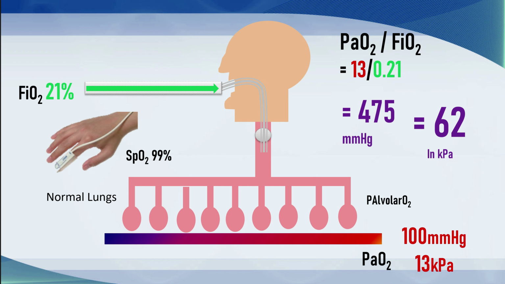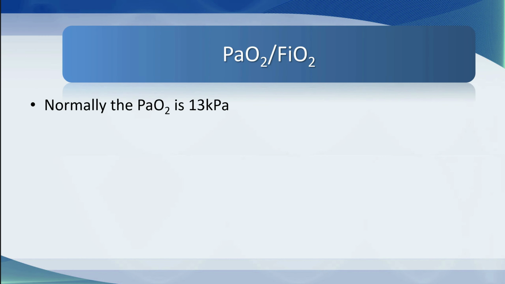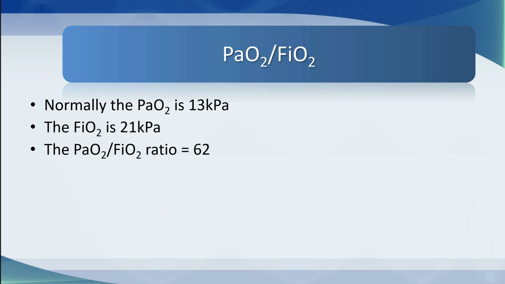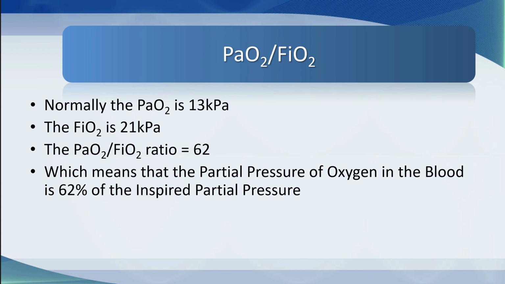If it was in millimeters of mercury, it would be 475, which is a big number. So normally the PaO2 is 13 kilopascals, the FiO2 is 0.21, and so the PF ratio for normal lungs is 62 in kilopascals. In my view, the best way to look at this is that the partial pressure of oxygen in blood is 62% of the inspired partial pressure.